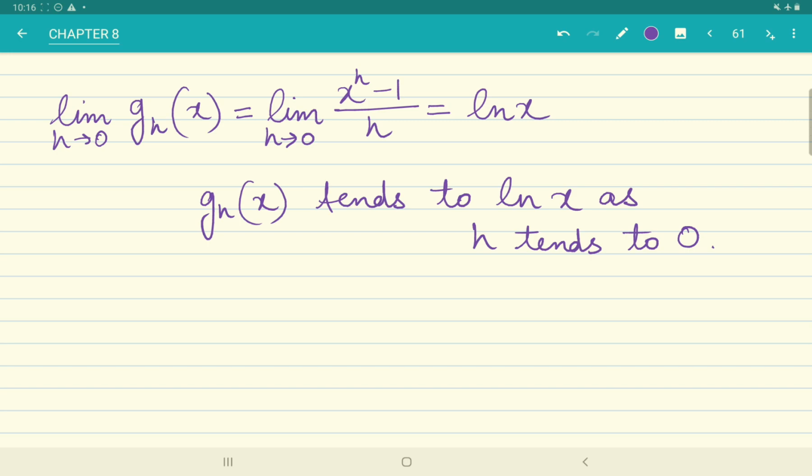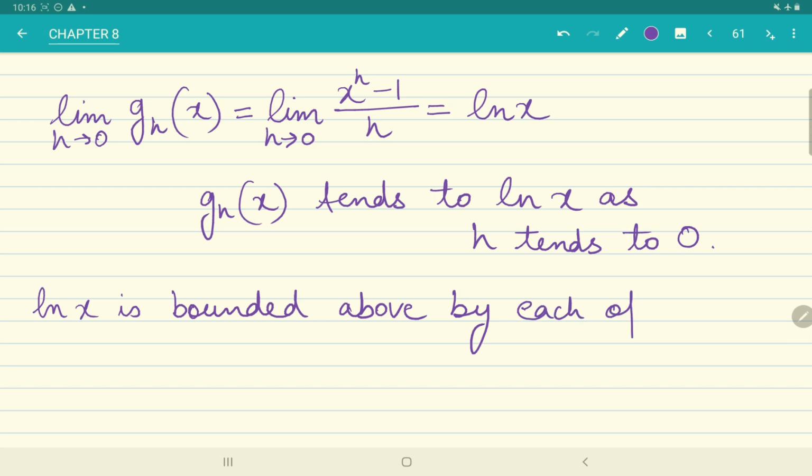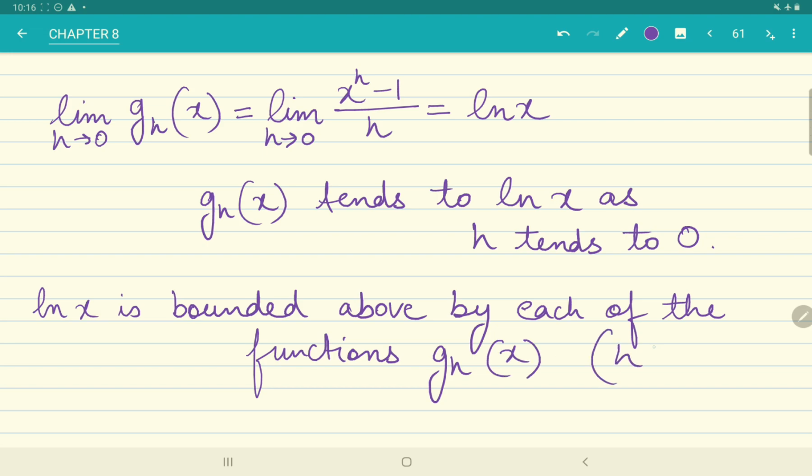I can also say that ln x is bounded above by each of the functions g h of x. Please keep this in mind that h is greater than 0.